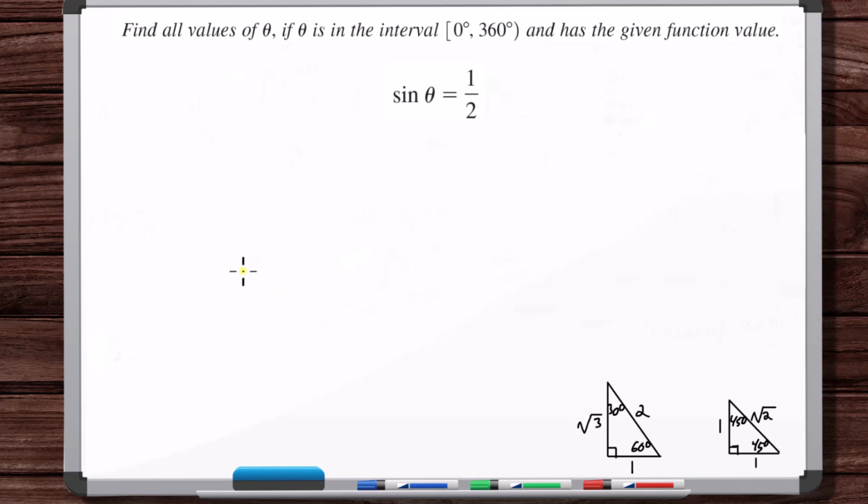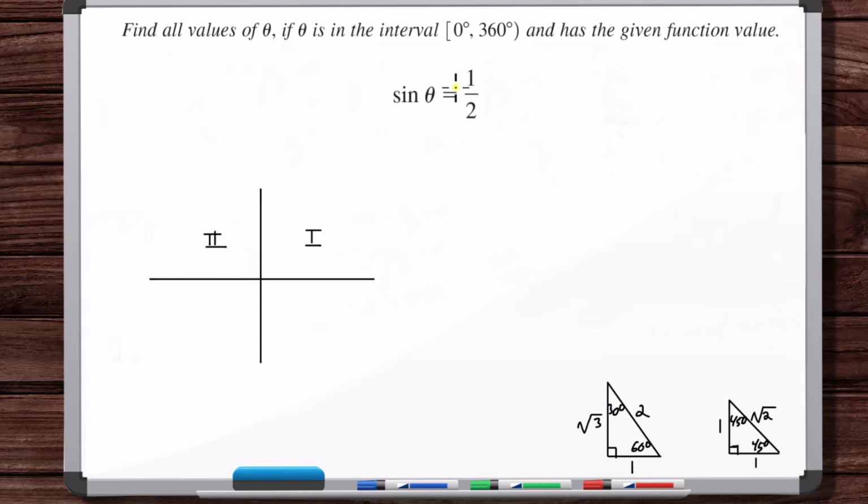We can start by eliminating some quadrants. Since this is positive, in what quadrants is sine positive? Sine is opposite over hypotenuse, which is the y value, so it's going to be quadrant 1 or quadrant 2. Theta can't be between 180 and 360.